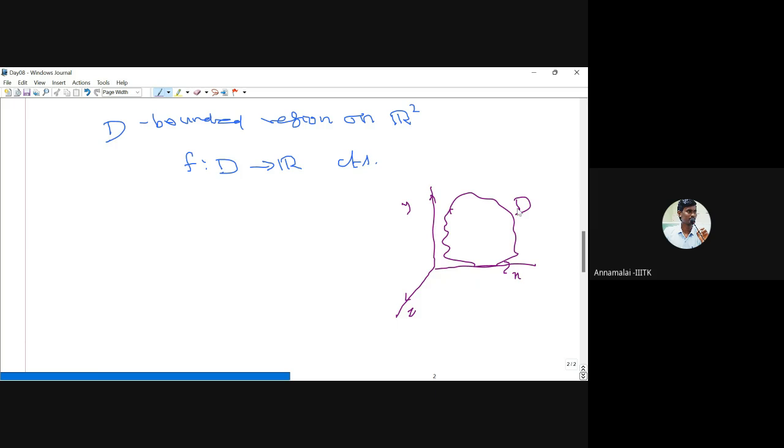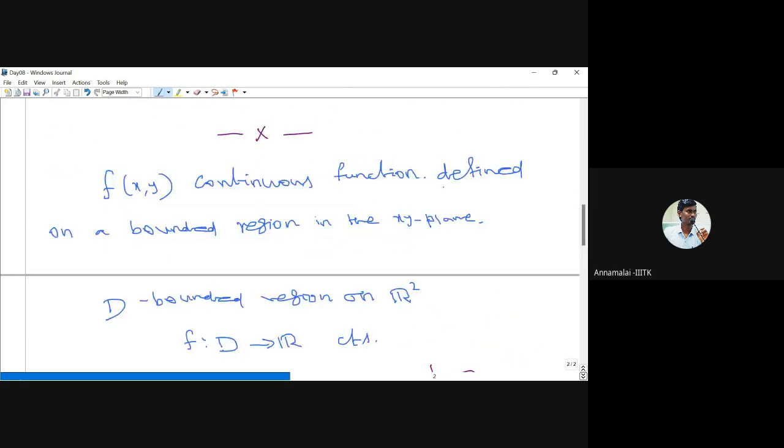For each point in the domain, we have a function value, and then we have to find the region bounded by the function f, with the base being this region D. Okay, same thing again. We know how to find the area of a rectangle.